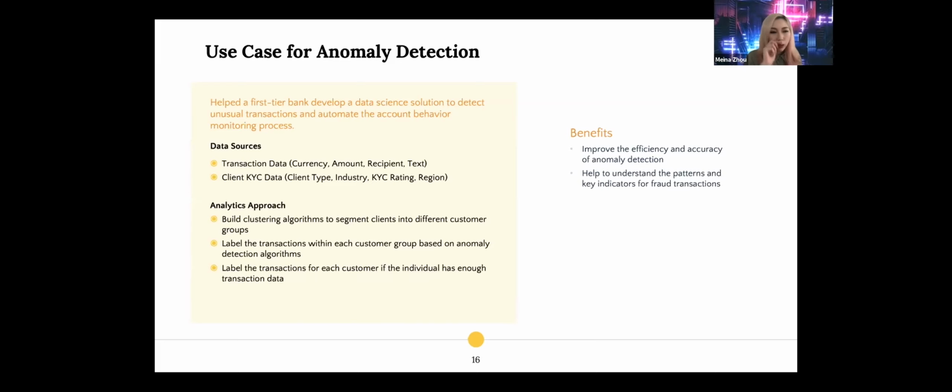We also used their client KYC data, which includes client type, industry, KYC rating, region, etc. Essentially, how we built the fraud detection system is we built a lot of unsupervised learning models to segment the clients into different customer groups based on their characteristics as well as their usage. Then we labeled the transactions within each of those customer groups based on our anomaly detection algorithm.